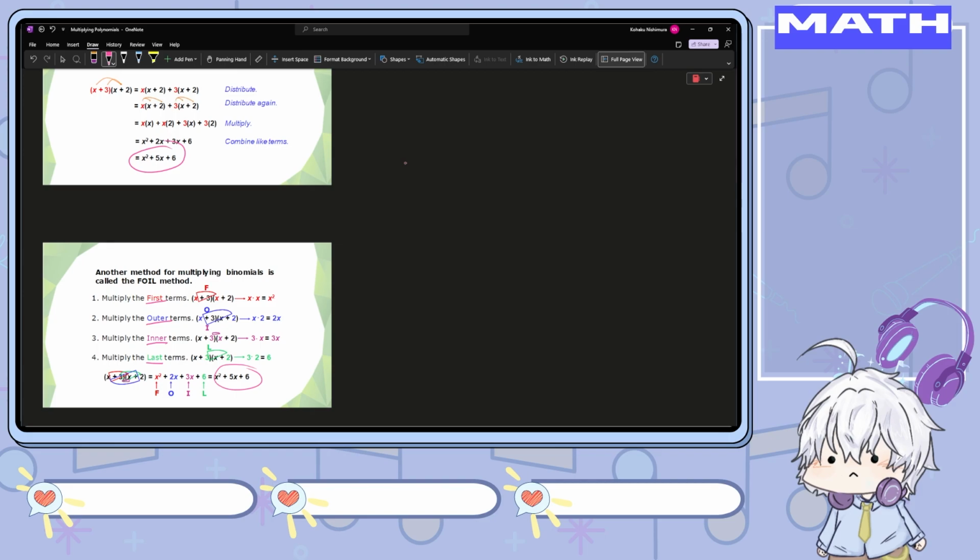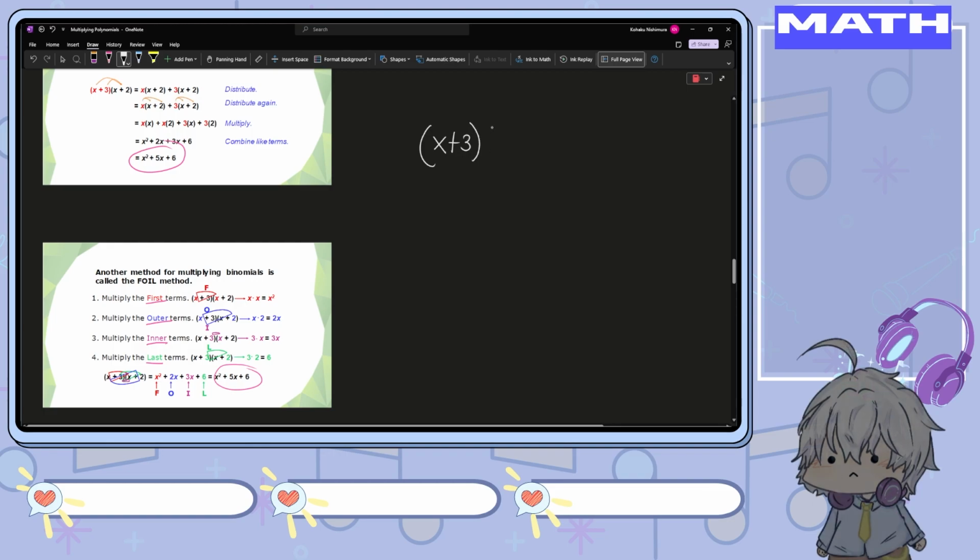Doing so, if we have the given x plus 3 times the quantity x plus 2. Doing the FOIL method again, we do first, the first terms being this one. Conveniently, the answer for x times x is x squared. Second, we do the outer, being the outer terms within the 4.